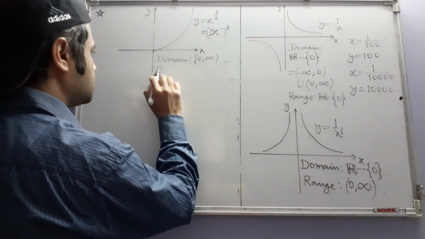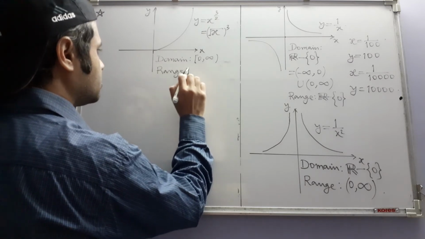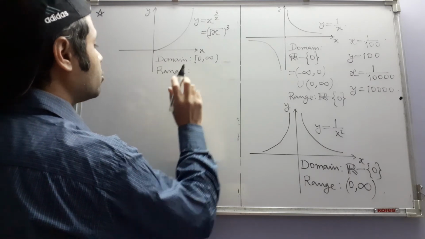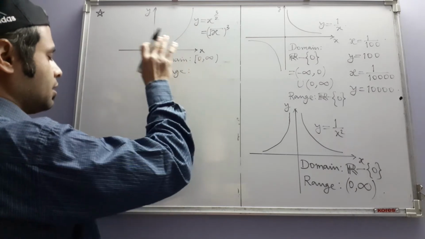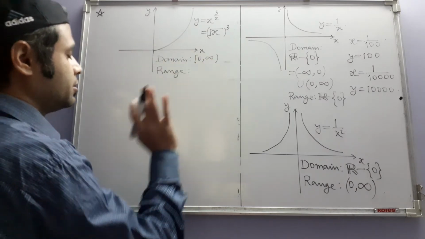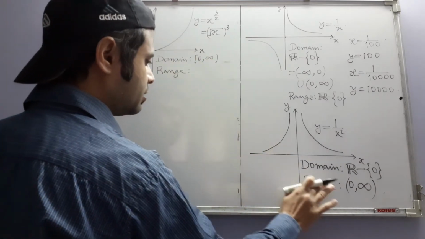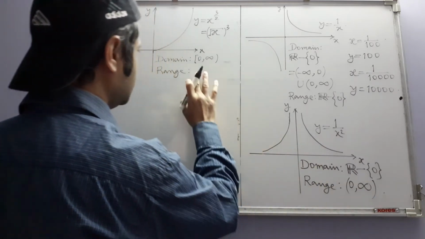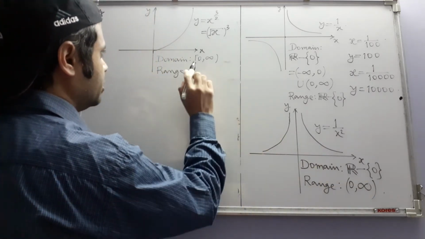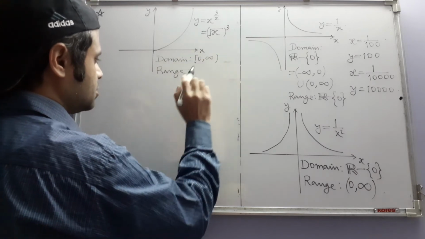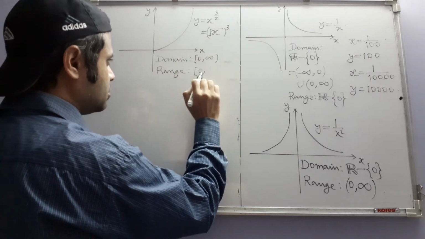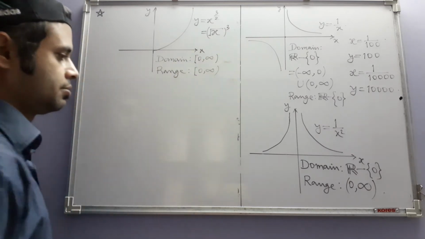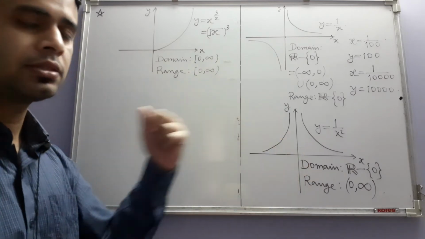And, oh no, sorry, what I was saying just now is about the range. Here the range is 0, infinity, and here the range, sorry about that. The domain, of course, is this, but the range is also this. Yeah, these two things are different.